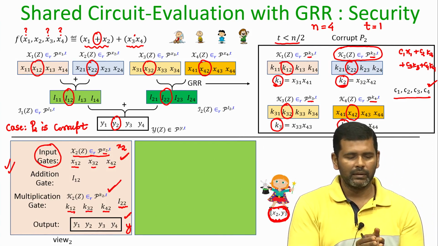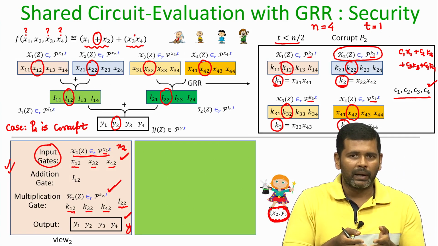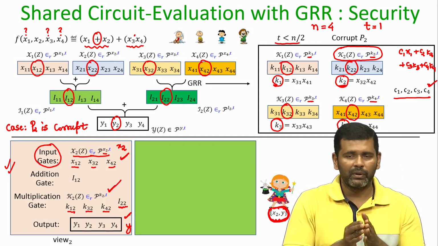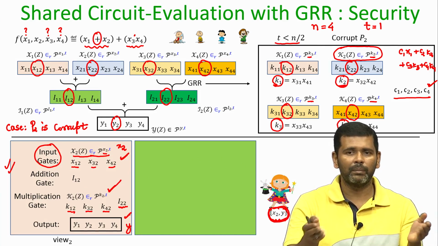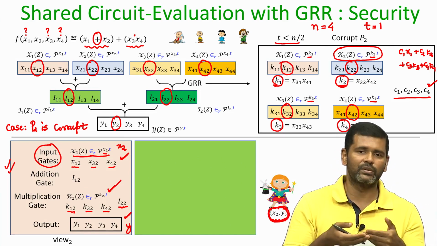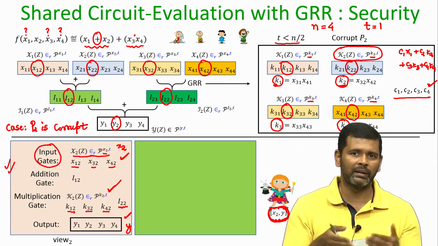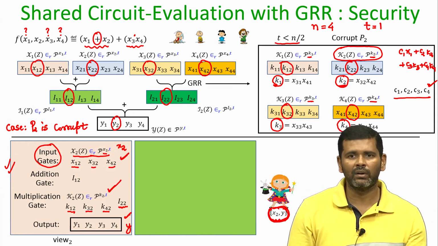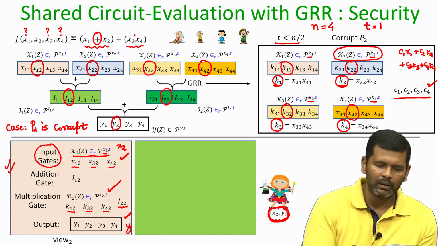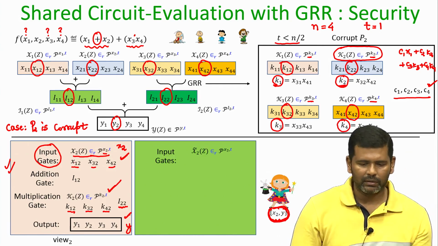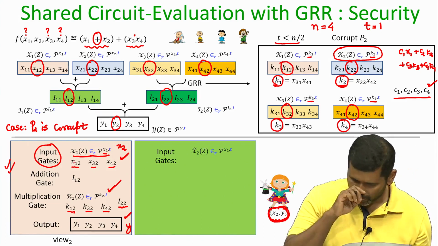That means that picking this polynomial by P2 and distributing shares on this polynomial is not a privacy breach, because P2 itself is doing it. So, this action can be simulated, it can be recreated just based on the knowledge of x2 itself. That is what the simulator is going to do here.